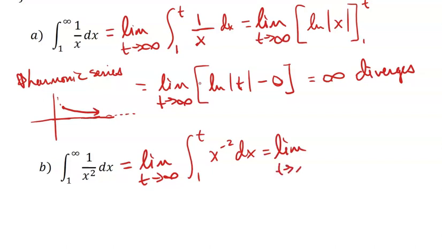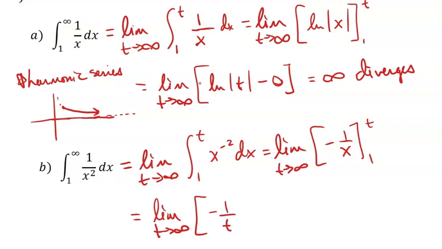So this is the limit as t approaches infinity of negative x to the negative first, or negative 1 over x from 1 to t, which is the limit at infinity of negative 1 over t minus negative 1 over 1, so plus 1. Okay, then when we evaluate that, this goes to 0. Remember, infinity in the denominator goes to 0, so we end up with 1. So this one converges, okay?